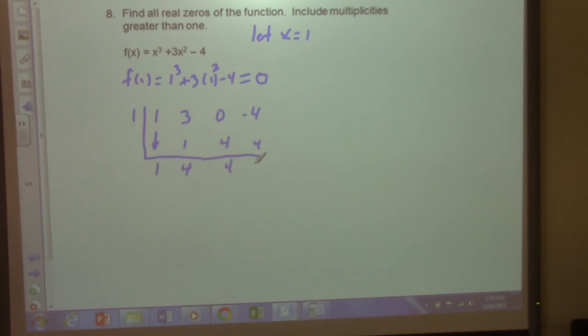That's 4, 0. So what you have is, if x is 1, x minus 1 is the factor, and then you have x squared plus 4x plus 4.